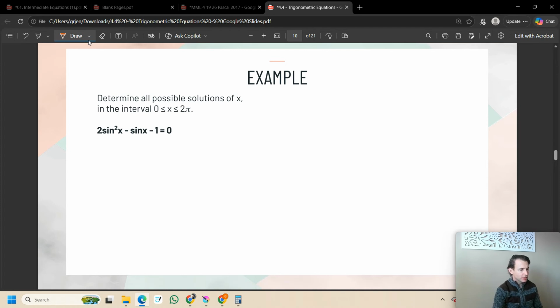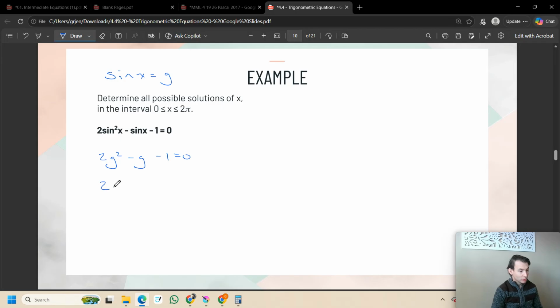Now, how about this one? Well, again, I would suggest that you do a handy-dandy little substitution and say, let sine x be equal to, you can choose your own letter. You could choose your first initial. So I'm going to go g. Okay, so I have 2g squared minus g minus 1 equals 0. Okay, so this is the same thing. We want to multiply to minus 2 and add to minus 1.